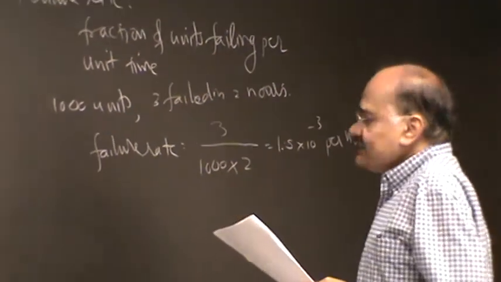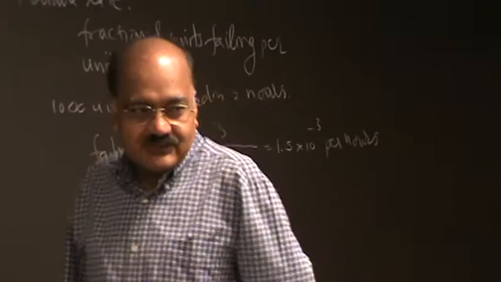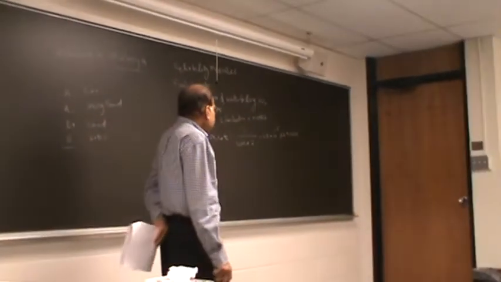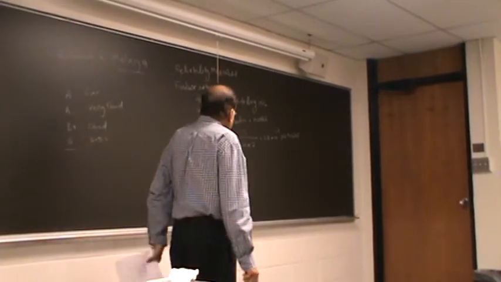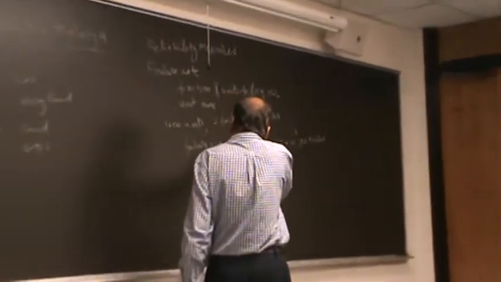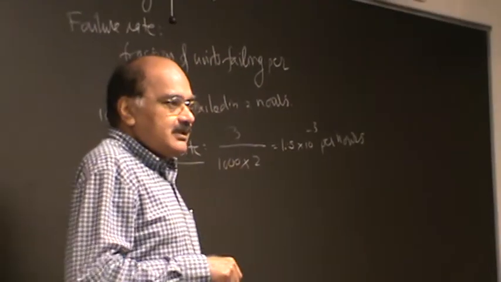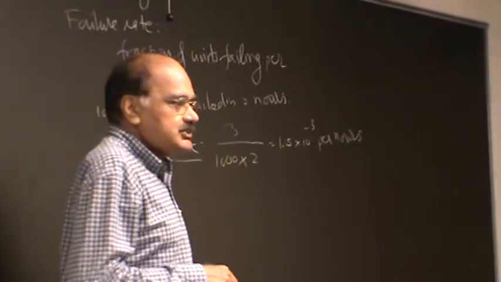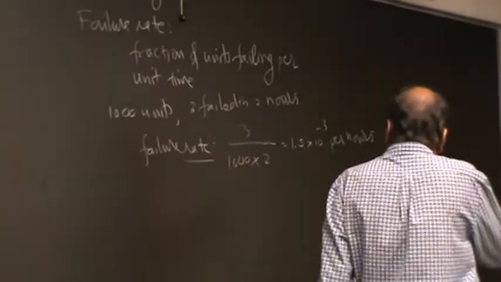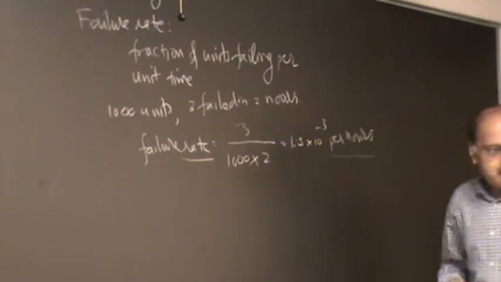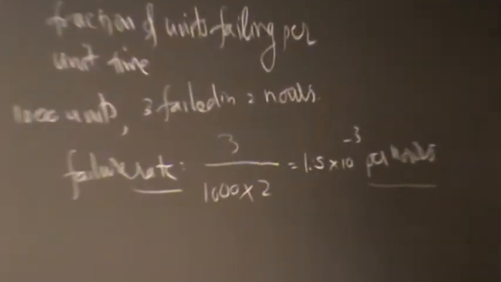Now, incidentally, in these calculations, there are a couple of things that are worth noticing. Remember, whenever we use the term rate, that means it will have the units per unit time. That's why it is a rate.